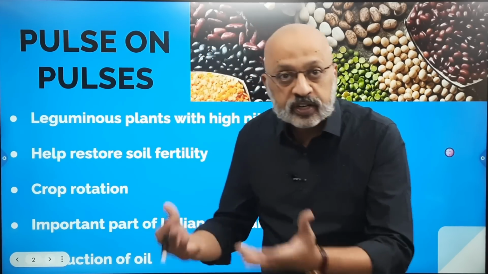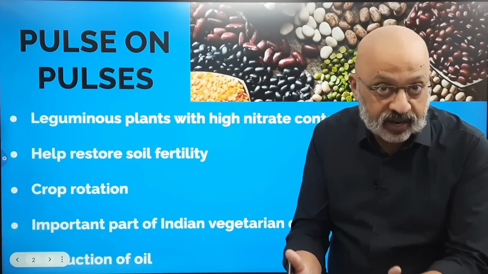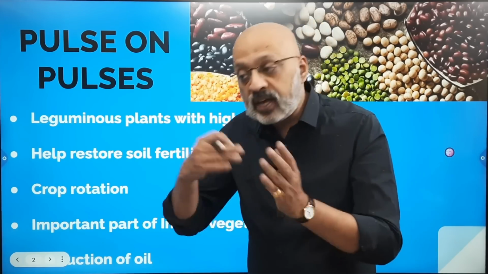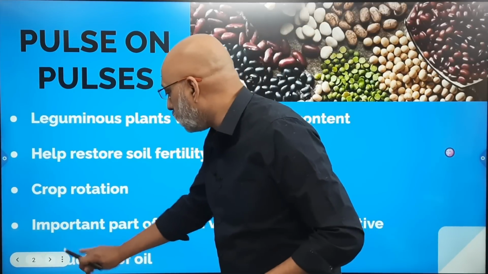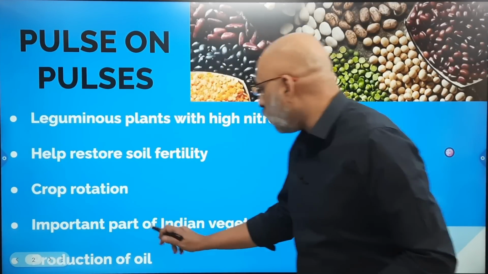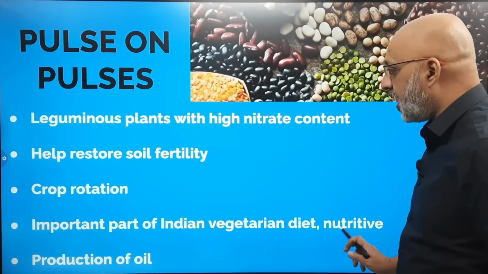जो जमीन की जो fertility है उसको restore करने में जो सहायता करते हैं, इसकी वजह से they are used for crop rotation. That is, between two crops they also grow pulses so that the soil fertility is restored, and they are also useful in the production of oil. So they are an important part of the Indian vegetarian diet. They are highly nutritive.